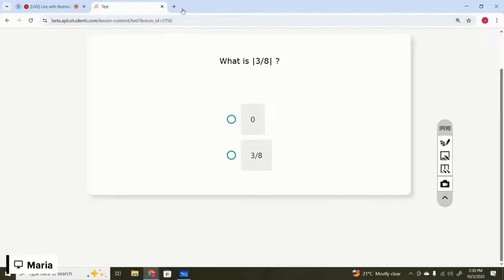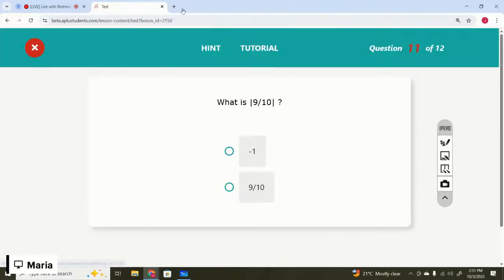That is 3 by 8. Option number 2 is the correct option. What is the absolute value of 7.9? That is 7.9. Option number 1 is the correct option. Okay, you can complete the lesson by yourself.